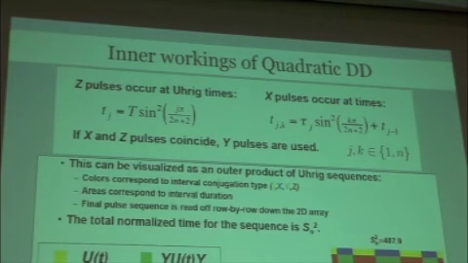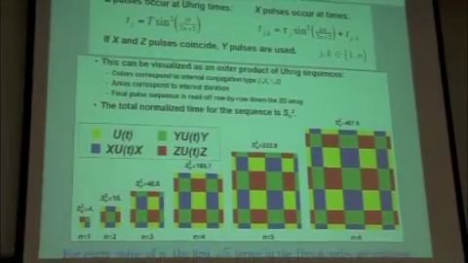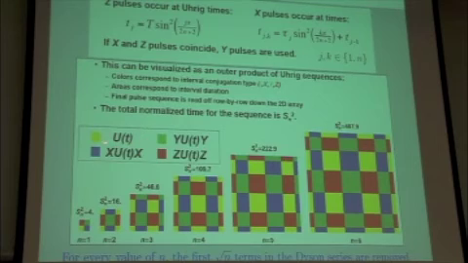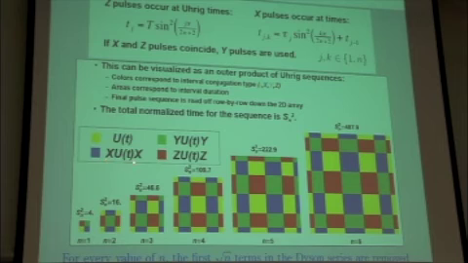Here's a nice graphic way to look at the pulse times. Yellow is free evolution, green is free evolution conjugated by y pulse, blue is conjugated by x pulse, etc. Now, each one of these diagrams tells you for a given number of pulses, let's say here it's 4 pulses, what the pulse sequence is.